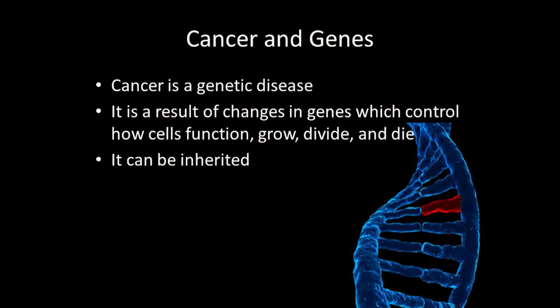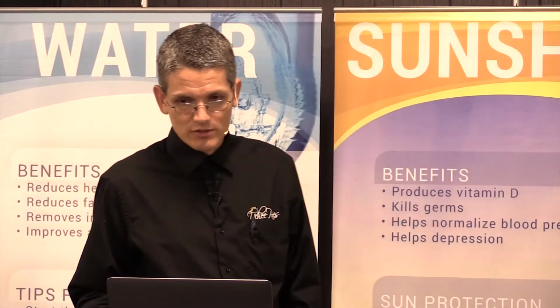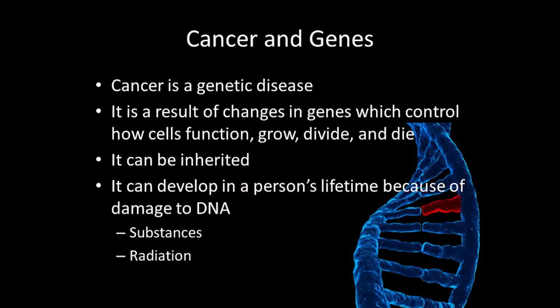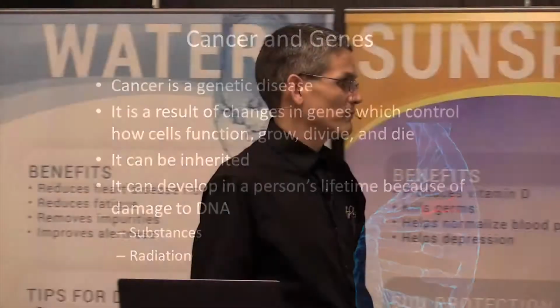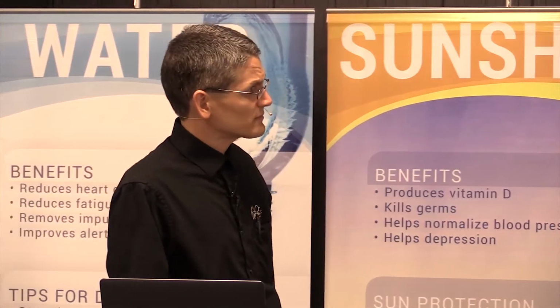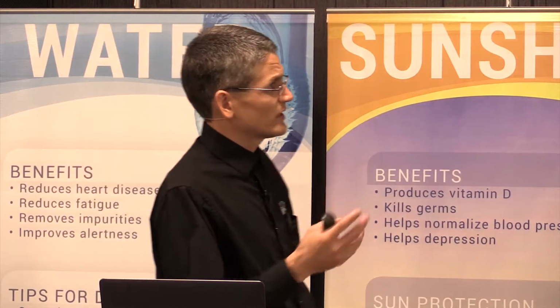And these sometimes can be inherited, but it can develop in a person's lifetime because of damage to the DNA. That can be through substances, or through radiation. You can even have infectious agents like viruses. We know that there are a number of cancers that are associated with certain virus infections that can mess up the DNA and then lead to these changes.